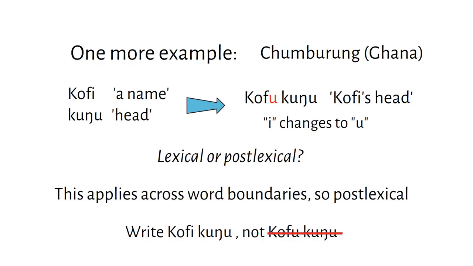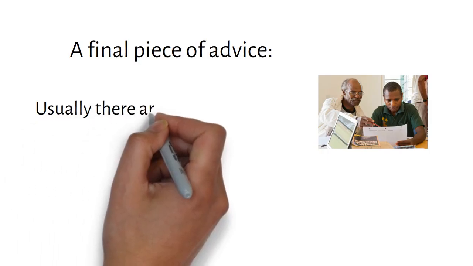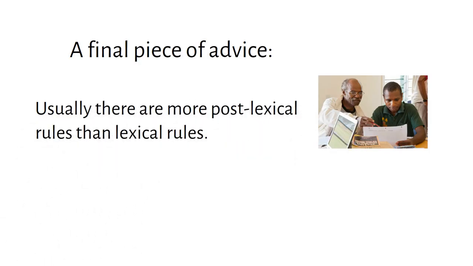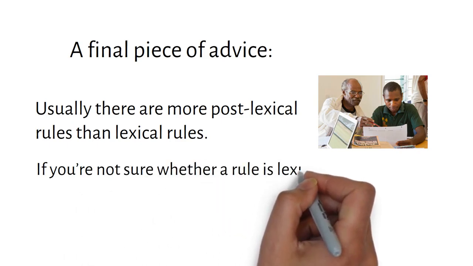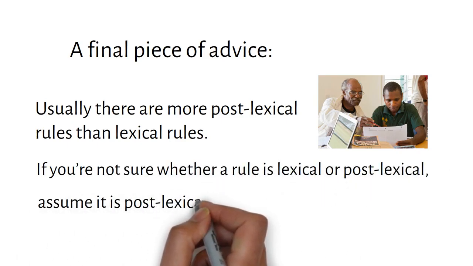A final piece of advice. Sometimes the tests don't give you a clear answer. Usually there are more post-lexical rules than lexical ones. So if you're not sure whether a rule is lexical or post-lexical, assume it's post-lexical and don't write the result.